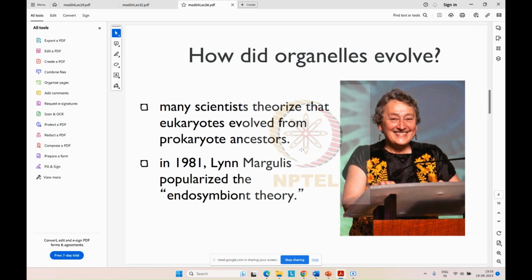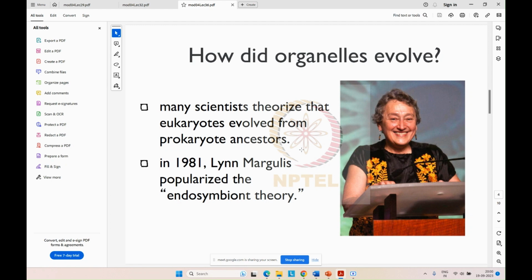Lynn Margulis is the person who popularized the endosymbiont theory, and there has been a lot of work. Both mitochondria and chloroplast have their own DNA, which is different from the DNA present in the nucleus of the host cell.